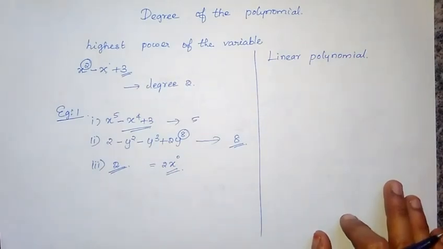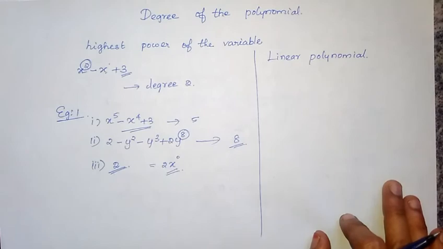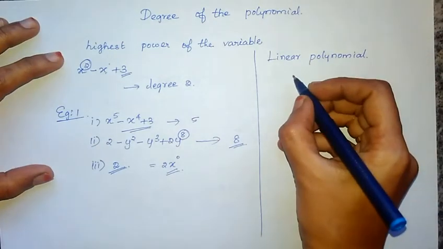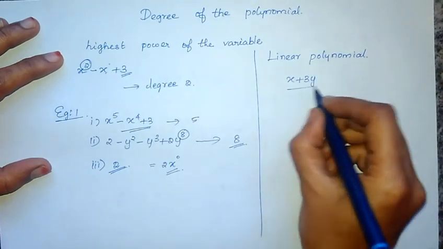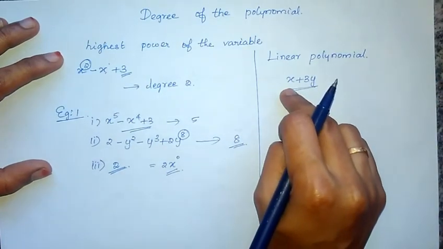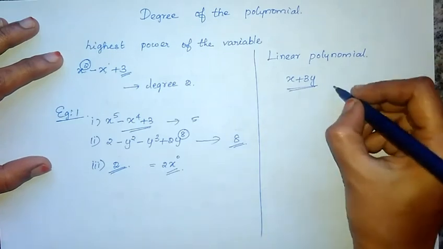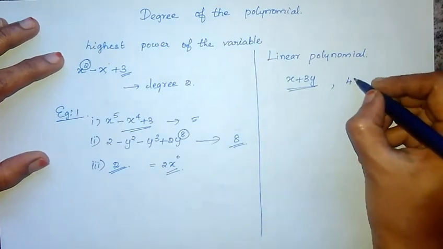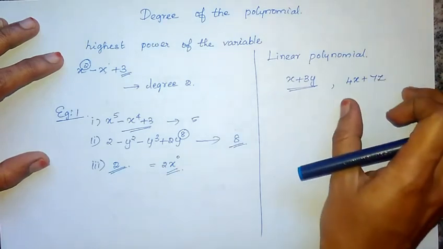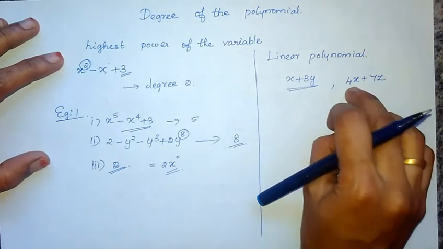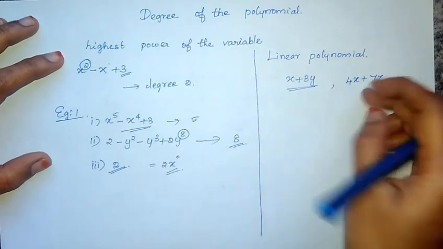So a polynomial which has a degree 1 is called a linear polynomial. Example, x plus 3y. Here in this polynomial the degree is 1. So this is linear polynomial. One more example, 4x plus 7z. This is also linear polynomial because here the degree is only 1.